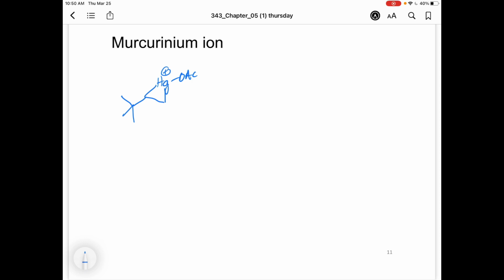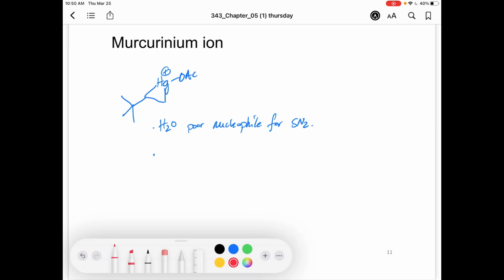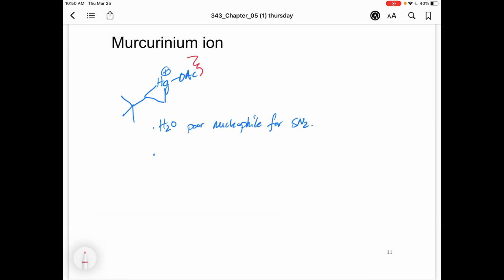And one of the things that we need to think about is why water can attack, because water is a bad nucleophile. It's a poor nucleophile for SN2. Well, the reason here is that this is a really, really good leaving group.